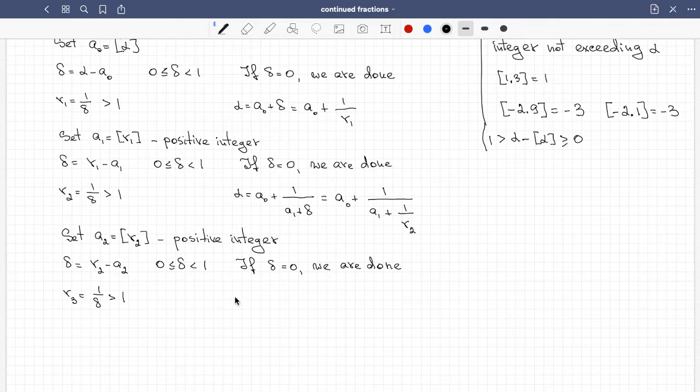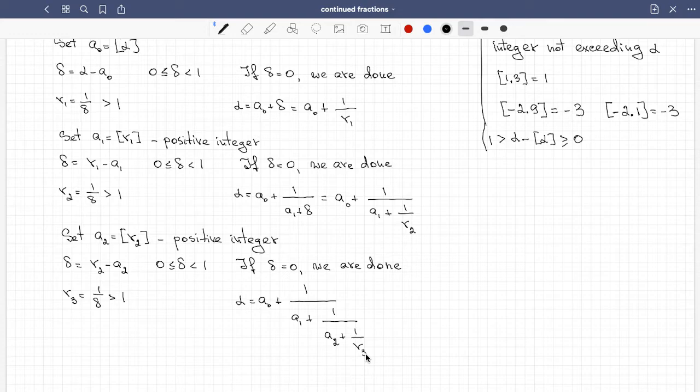Now we can write our alpha is A naught plus 1 over A1 plus 1 over R2, and for R2 we write A2 plus delta, and delta is 1 over R3. So R3 is the next, third remainder.